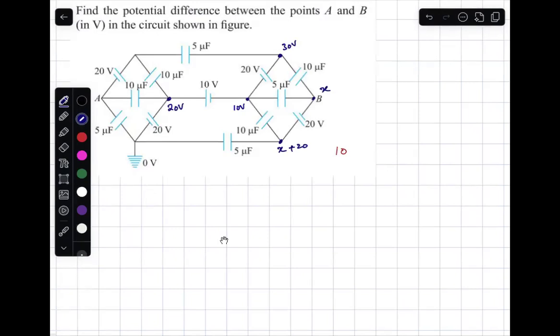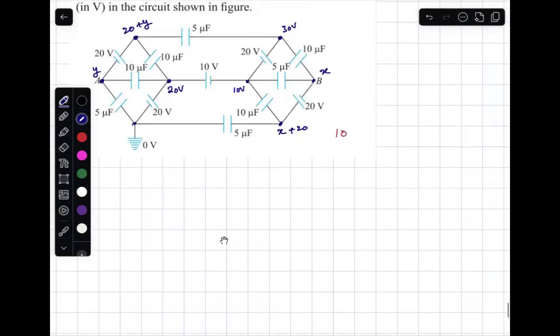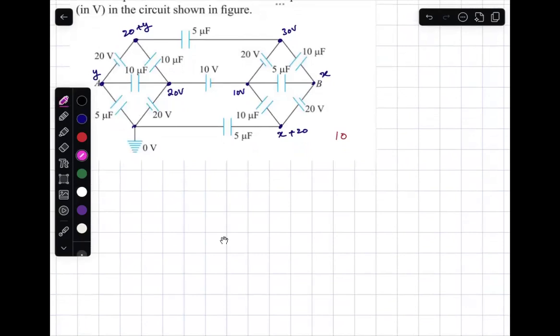And we require one more point. We'll assume this as y volt. This will become 20 plus y. This is 0 volts, of course. Right. You have only two nodes. The challenge for me is to identify the proper nodal arrangement.